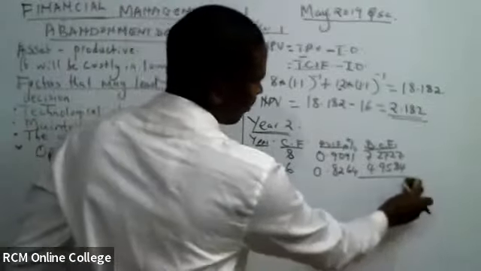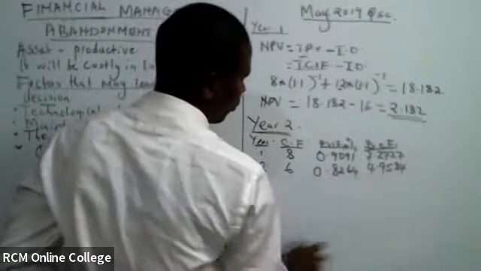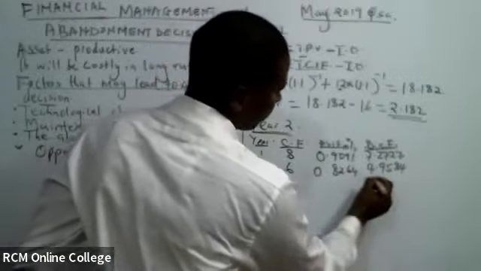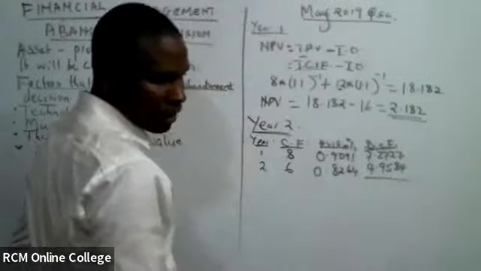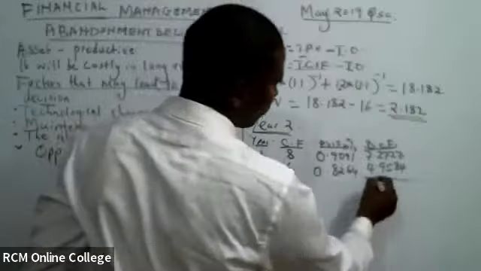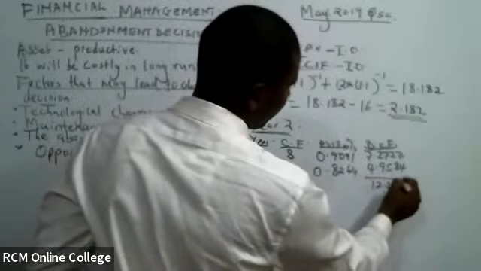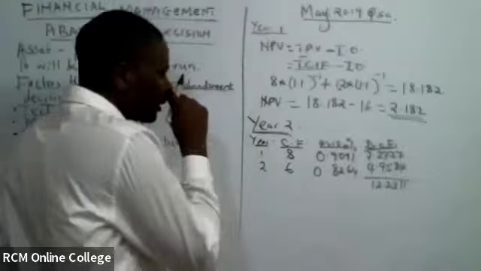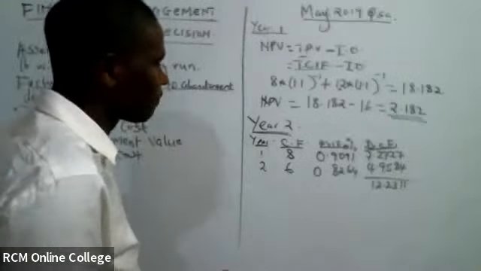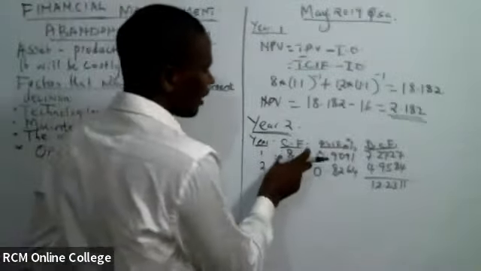Please add the two. We see what we shall get when we add the two. 12.2311. Plus, that is the inflow for the cash flow.